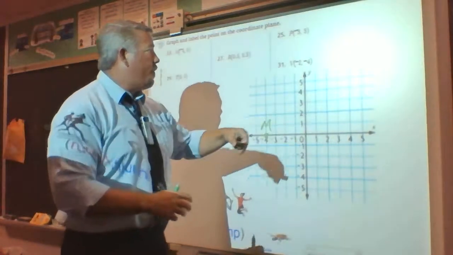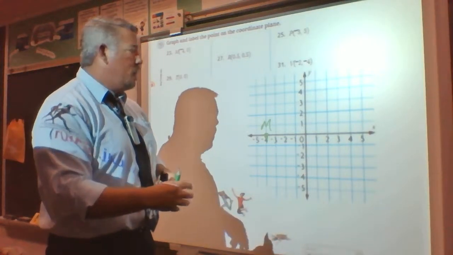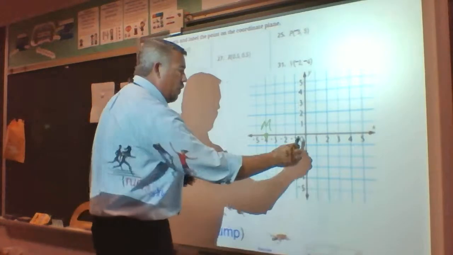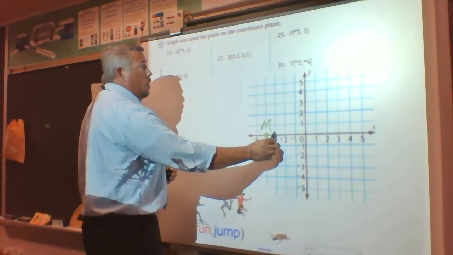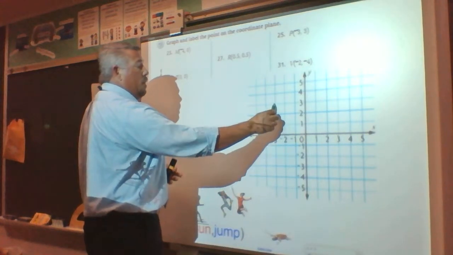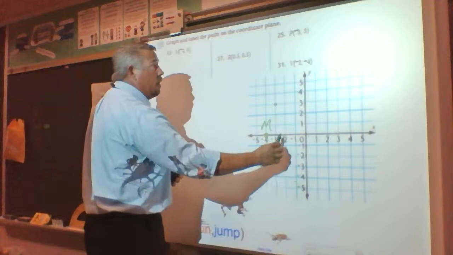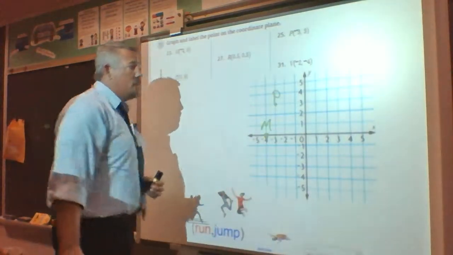On 25 for P, I have a -3, positive 3. So I know I'm going to go backwards and then up. So I'm going to go from my point of origin, backwards -3, and I'm going to jump up to a positive 3 as well. I went back 3, I went up 3, so I know that P is in the correct spot.